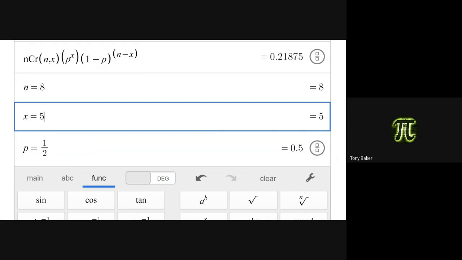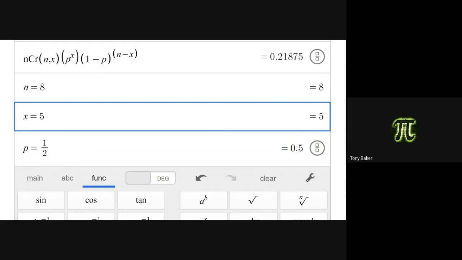Now, on your calculator, if you hit second, there's a thing you can hit that'll literally put the problem right back on your screen. So then you can just go change the number in it again. So you don't have to keep typing it in again.